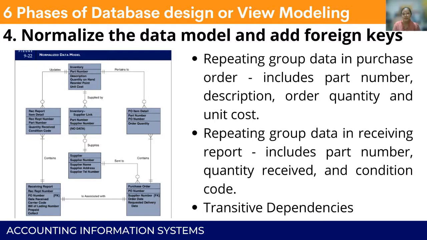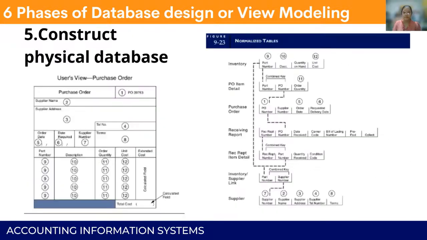And additional information about the composite key: it is composed of part number and receipt number. And transitive dependencies show that there is redundant data in inventory and supplier entities.